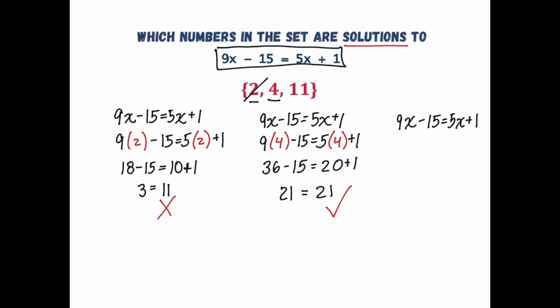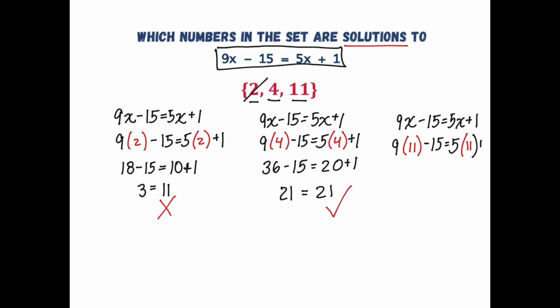And I'm going to rewrite my problem now, replacing the variable x with the number 11. So this becomes 9 times 11 minus 15 equals 5 times 11 plus 1.